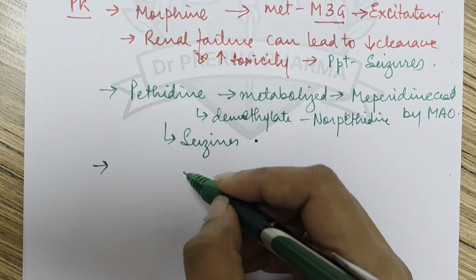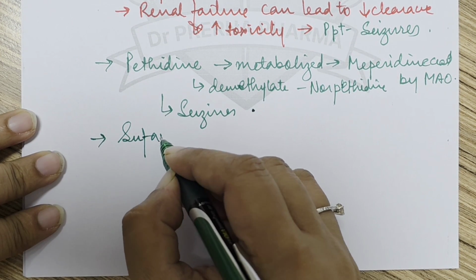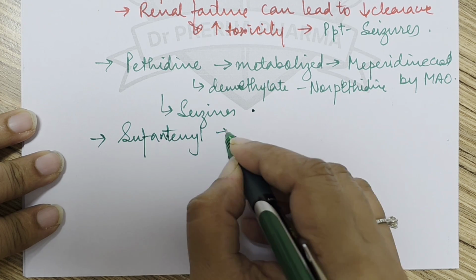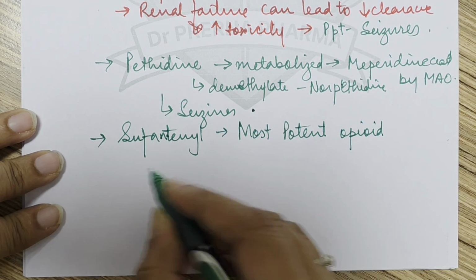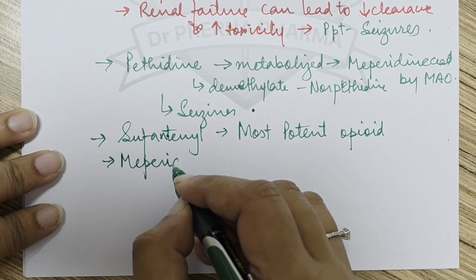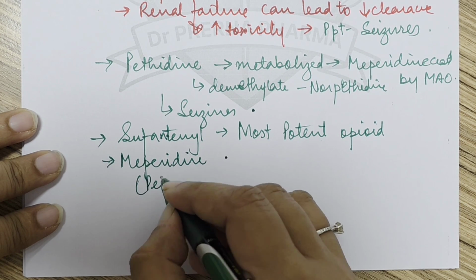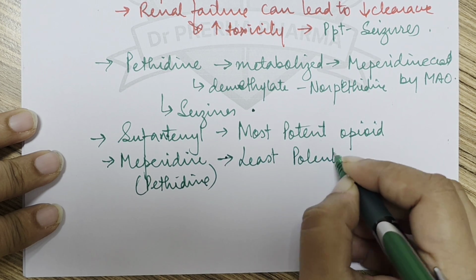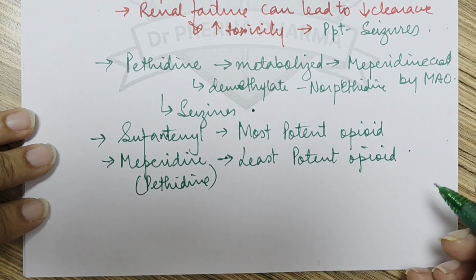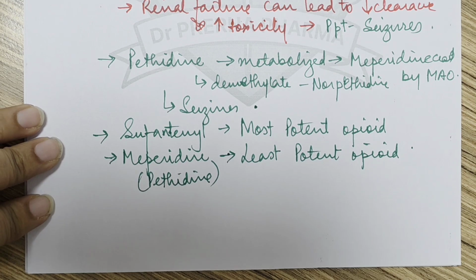Then another thing is, we'll study the fentanyl congeners also. So sufentanil is the most potent opioid, while meperidine, that is also called pethidine, is the least potent opioid, right? So this is some important pharmacokinetics.